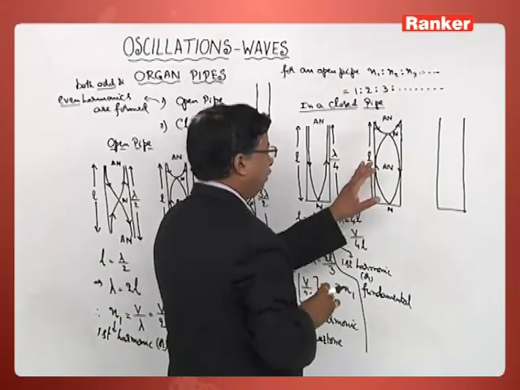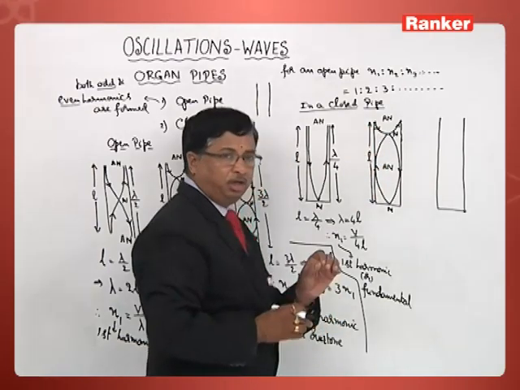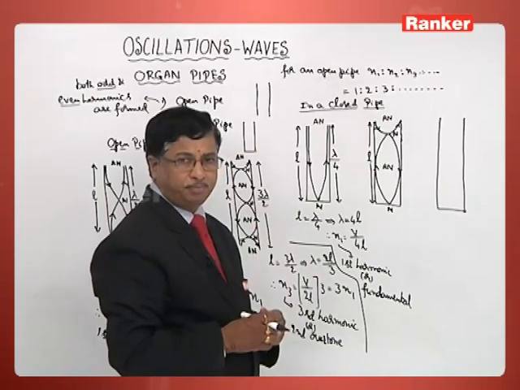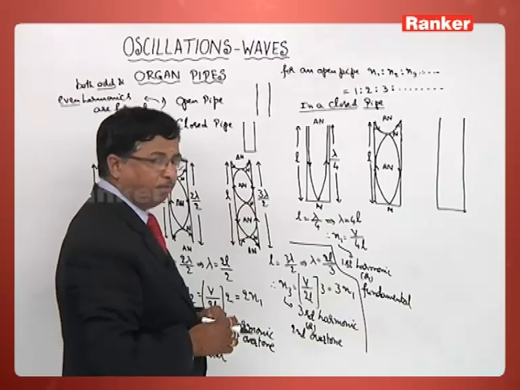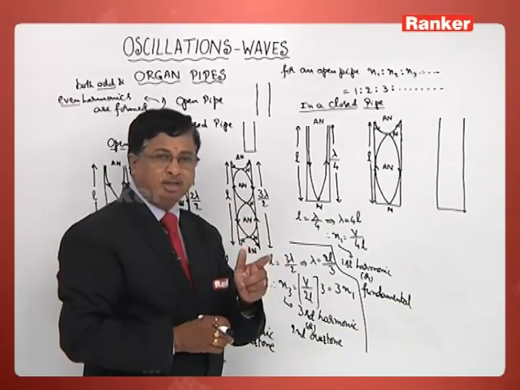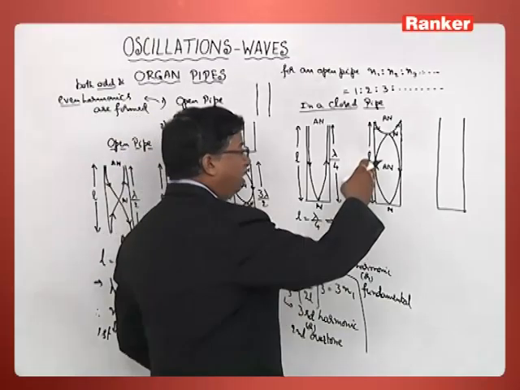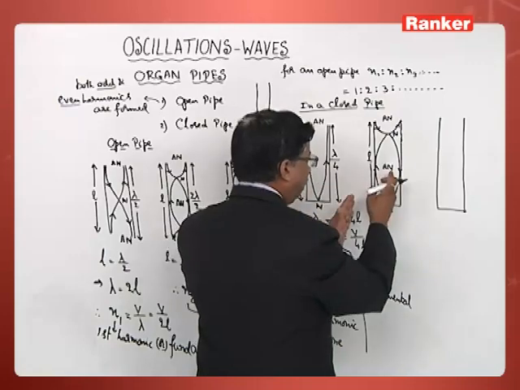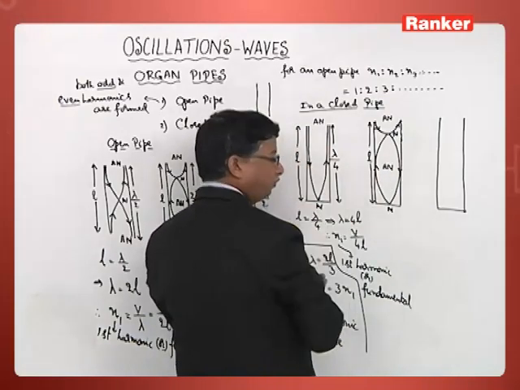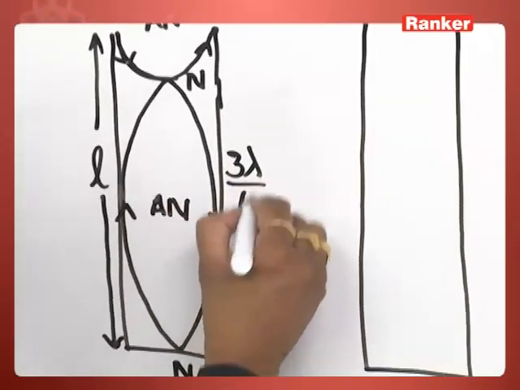So what you can understand in this case, look carefully, node number and antinode number are one and the same. Whereas in the case of an open pipe, antinode number will be one more than the node number. That's the difference. So if you take these two nodes and two antinodes, that will be the next higher harmonic than this. So what would be the length here now? 3 lambda by 4.